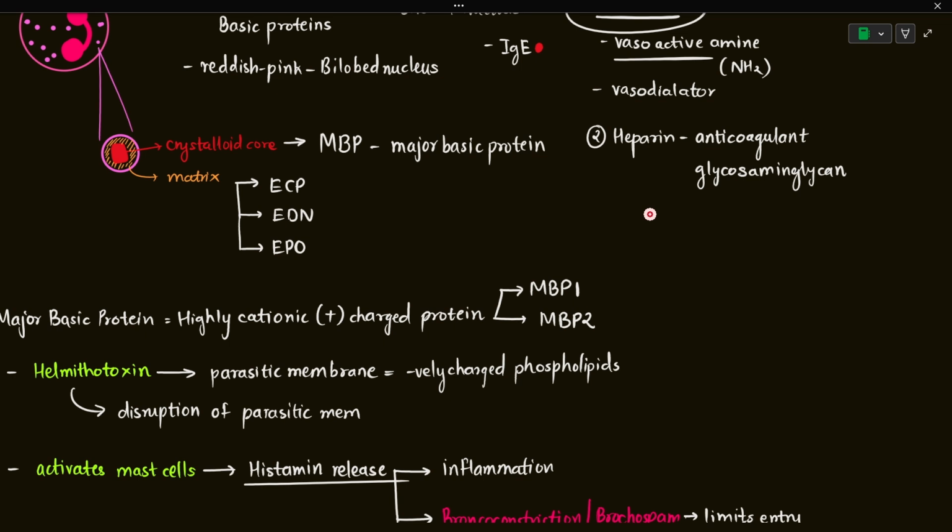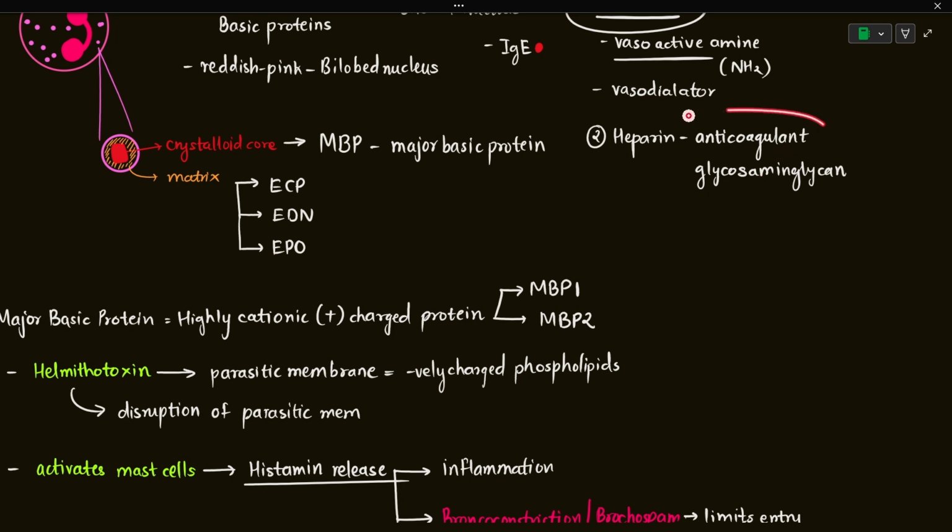And why is it necessary? Because whenever inflammation is there, a clot is going to form in the pus pocket, and it is necessary to localize that infected area, to localize the bacteria or pathogen in that infected area. But anticoagulation in the inflamed tissue is very important so that the blood flow is maintained in that tissue. If the blood flow is maintained, it will result in ease of entry of the immune cells, and that is going to result in a quick immune response.